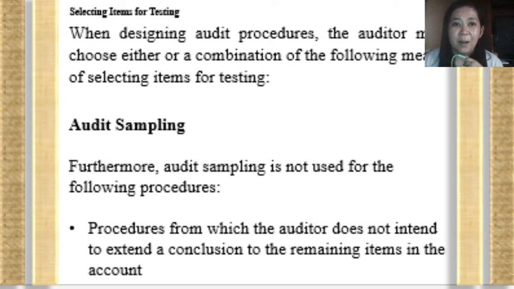So he can do 100% examination, specific item selection, and he can also do audit sampling.